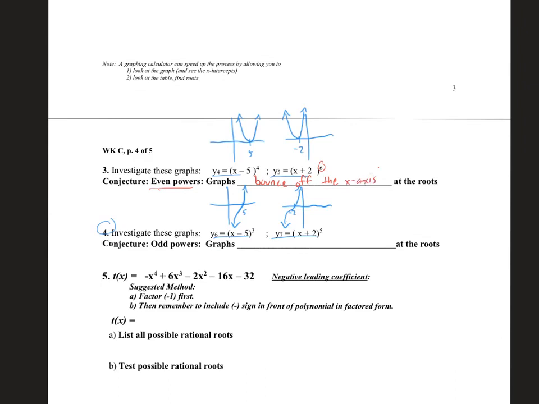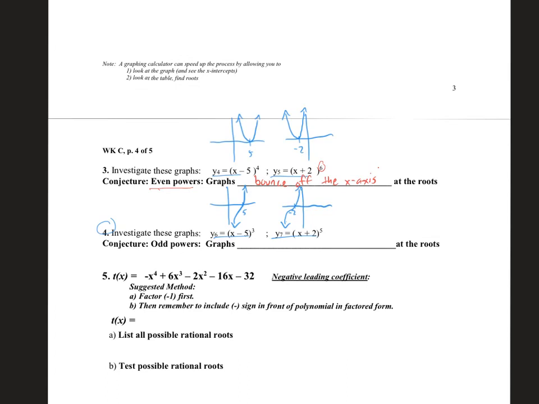Now if you look down here at investigation number 4, you notice how at the root of x equals 5 in this first one, this graph crosses through the x-axis at that point. And same thing in y7. -2 appears as a root 5 times in number 7. It's an odd multiple root, and the graph also crosses through.